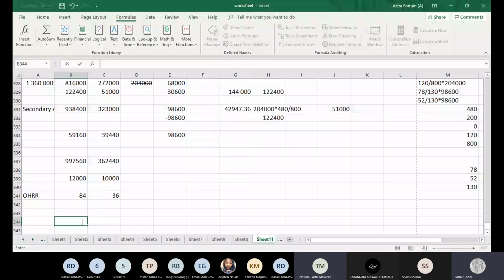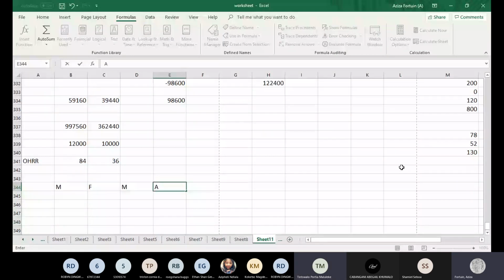So I want you to do the primary allocation for me. On page 89. No, page 41, assignment question 9.